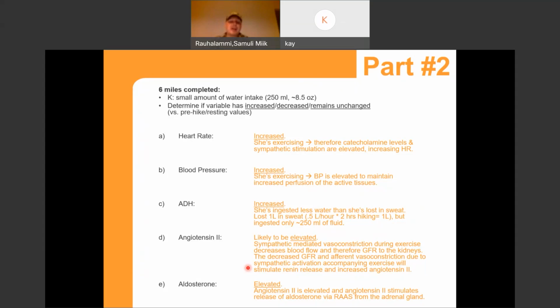We're seeing this coupled with aldosterone because angiotensin 2 is elevated, and that stimulates the release of aldosterone from the adrenal gland.